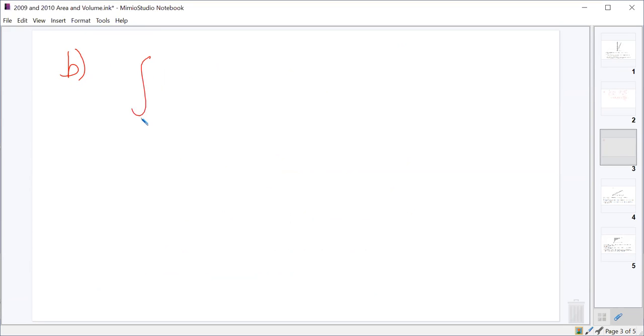So for part B, it should look like an integral from 0 to 2 of the sine of pi over 2x dx. Hopefully you can do that integral without writing out the u substitution, but if you need to, that's fine. You're going to let u equal pi over 2x, with du equaling pi over 2 dx. So you'd have to put in a pi over 2 and a 2 over pi out in the front.